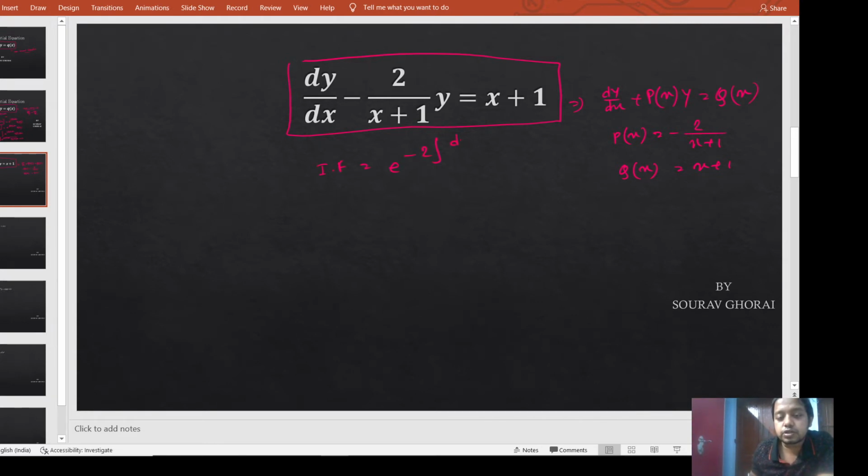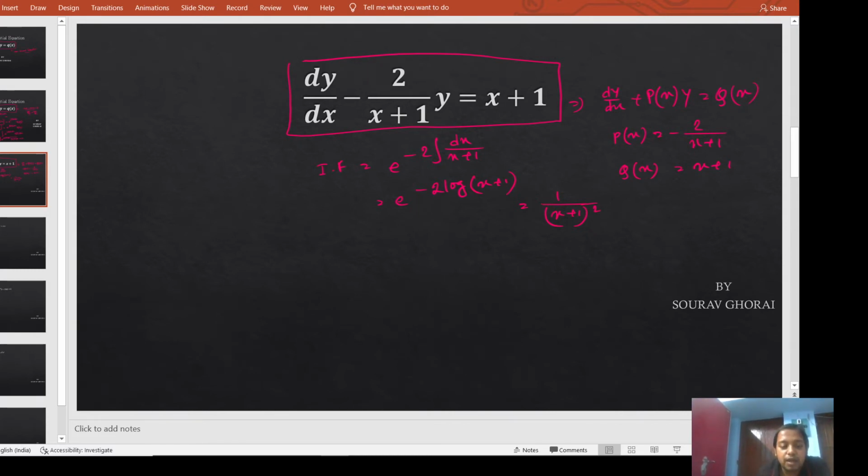I.F. is e to the power minus 2 times the integration of dx/(x+1). So we will get e^(-2 log(x+1)), and from here we get 1/(x+1)^2. Now we have to multiply this integrating factor on both sides of the equation.